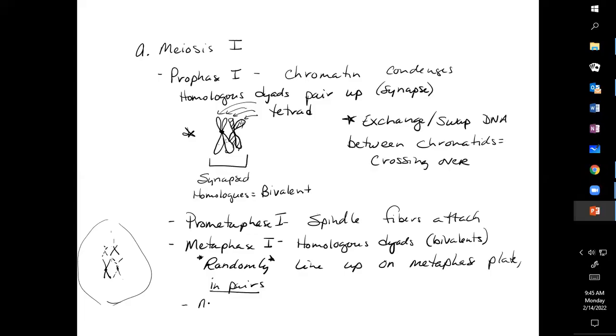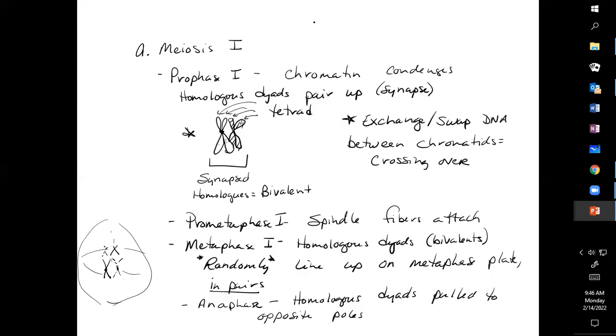In anaphase, remember the spindle fibers are attached. In anaphase, the homologous dyads are pulled apart. They're pulled to opposite poles. And then you get telophase and cytokinesis.